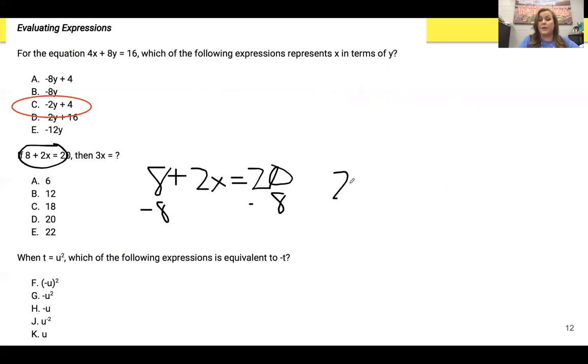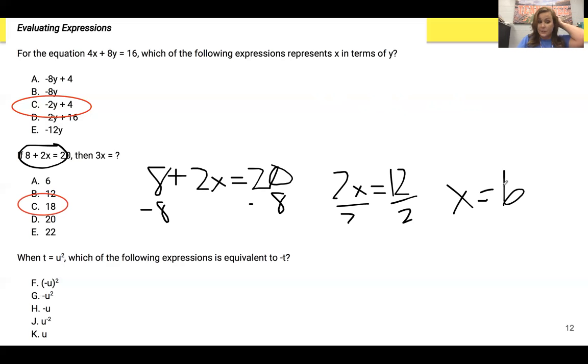And you get 2x equals 12. Divide both sides by 2. And you get x is equal to 6. Now be careful because 6 is an answer. It doesn't want what x is, it wants what 3x is. So what's 3 times 6? 18. 18 is your correct answer.